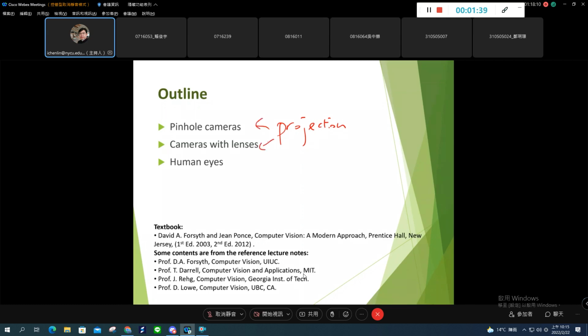And so today we actually have mainly two topics. The first one is the pinhole camera, in Chinese 针孔相机. However, I have to emphasize that the pinhole model here is not exactly the 针孔相机 you hear about in the news.